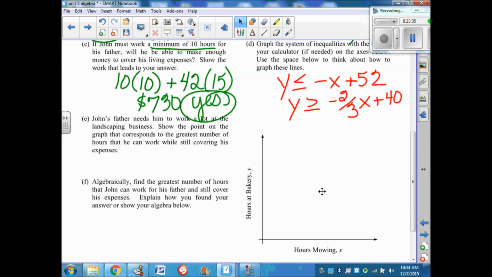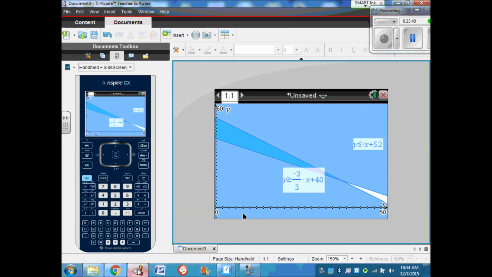Okay, it says John's father needs him to work a lot at the landscaping business. Show the point on the graph that corresponds to the greatest number of hours that he can work while still covering his expenses. Okay, so when I go back to my calculator, that point right where those two intersect is going to be that situation.